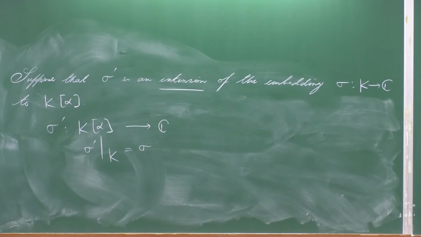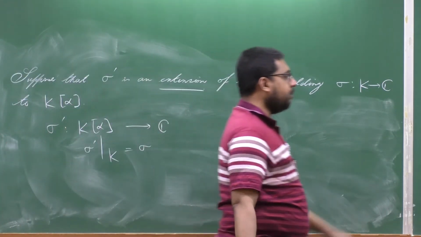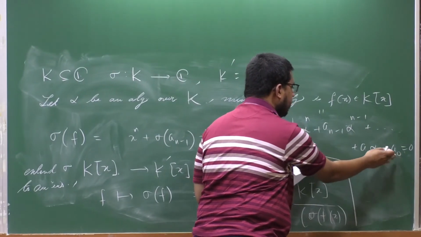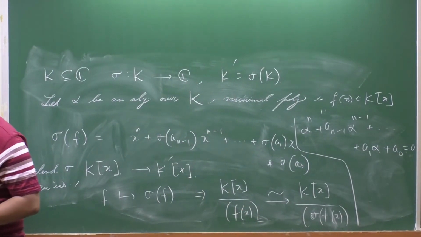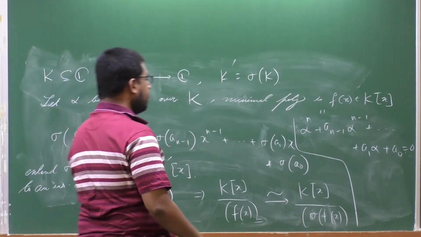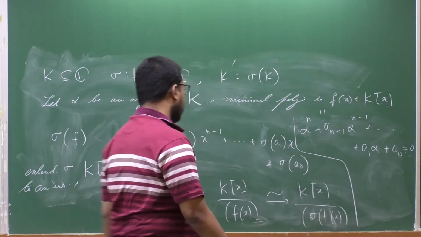The left hand side quantity lies in K(alpha). Once we apply sigma prime onto this, what do we obtain?